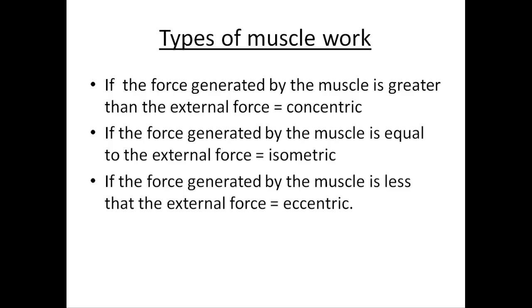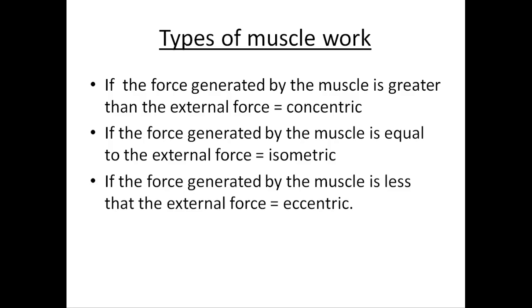So the types of muscle work. We've got concentric, isometric, and eccentric. If the force generated by a muscle is greater than the external force, that's considered concentric. Imagine you're doing a bicep curl, the weight is in your hand, and you're curling the weight up towards your shoulder. That's the concentric movement. If the force generated by the muscle is equal to the external force, that's isometric.